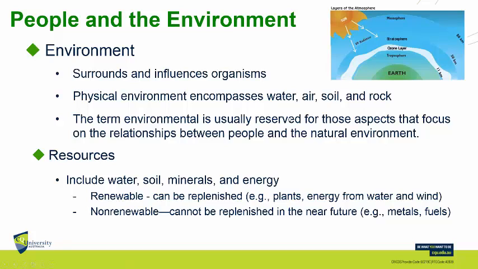The elements go back, for instance, to Greco-Mythological times, and then they're in poetry, in plays, in drama, in folklore. The term environmental is usually reserved for those aspects that focus on relationships between people and the natural environment. So we can talk about environment, we can talk about physical environment, and then we talk about environmental, which is relationship bound.